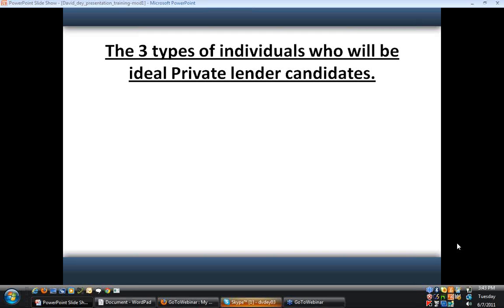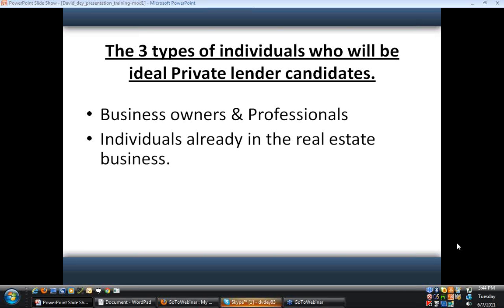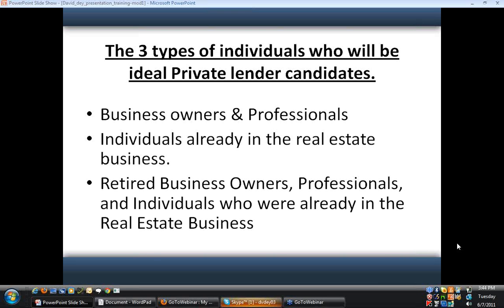But the three types of individuals who will be ideal for you to go after as private lender candidates, if you remember, are business owners and professionals. Individuals who are already in the real estate business. And then, of course, retired business owners, professionals, and individuals who are already in the real estate business.